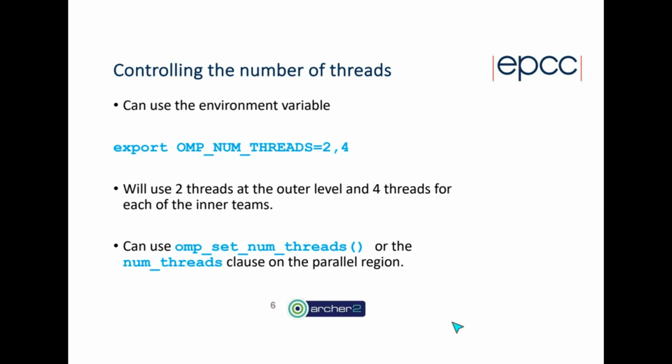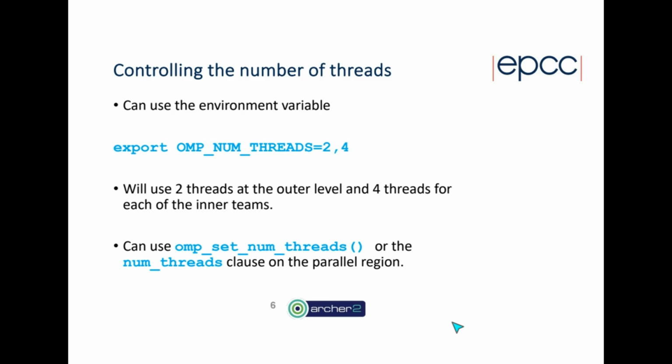So if I set OMP_NUM_THREADS to 2,4, then we use 2 threads at the outer level and 4 threads for each of the inner teams. That's one way of doing it, quite convenient, provided we want every inner team to have the same number of threads.